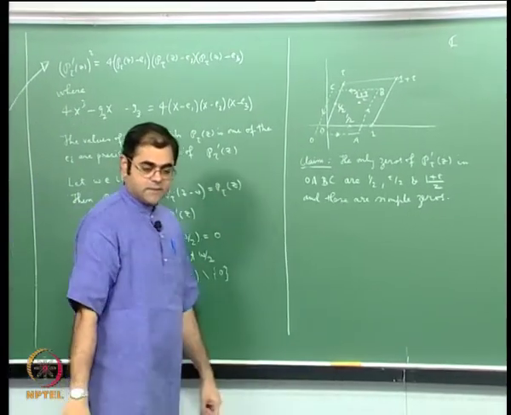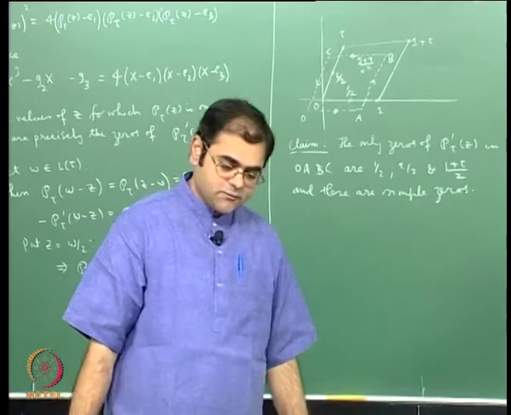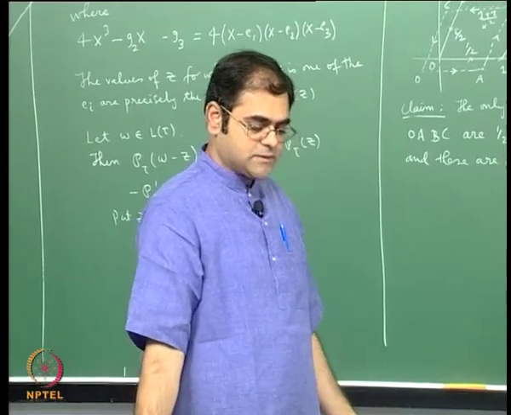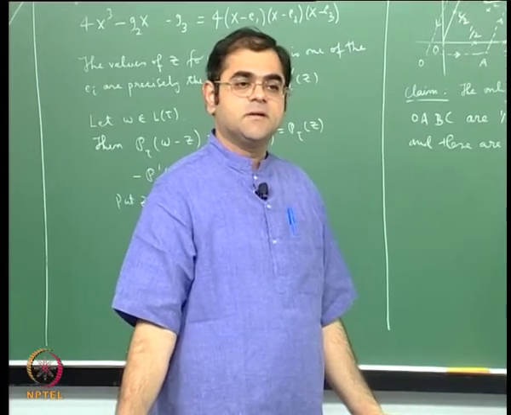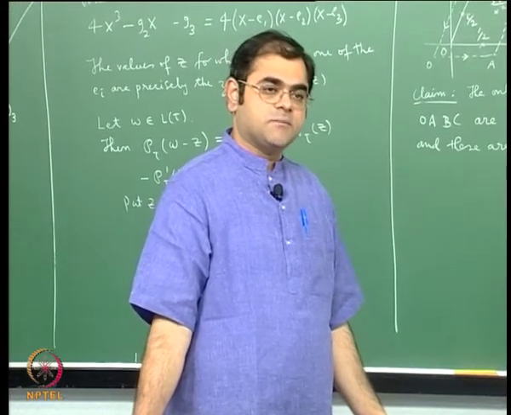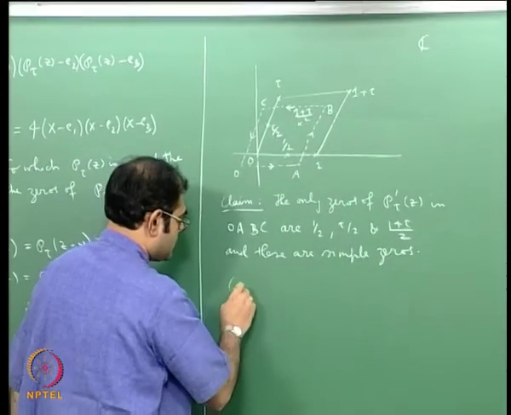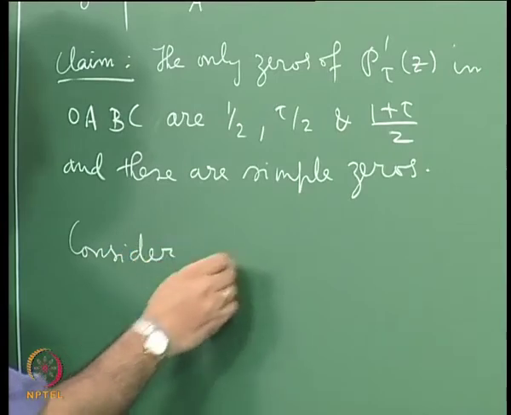So how does one see that? The first thing that one needs to use is the so-called argument principle, and you also have to use the residue theorem at the same time. So for that, consider this integral.